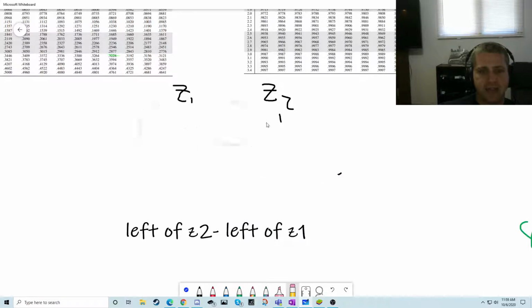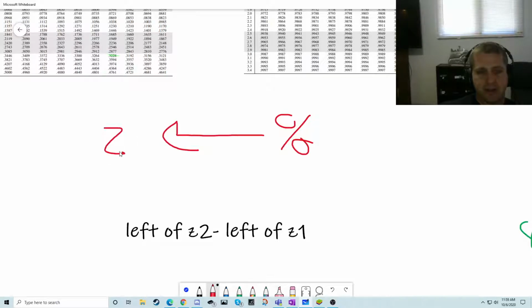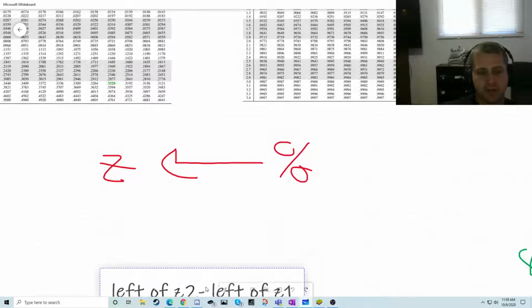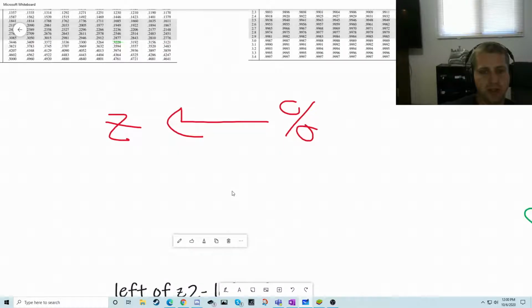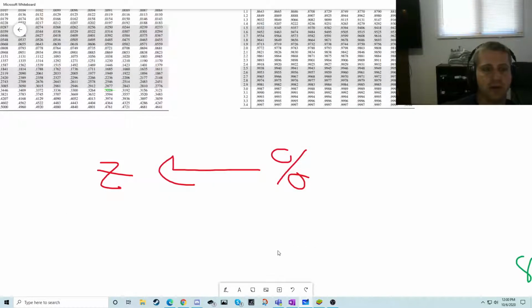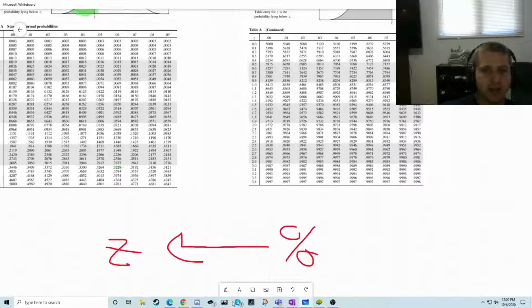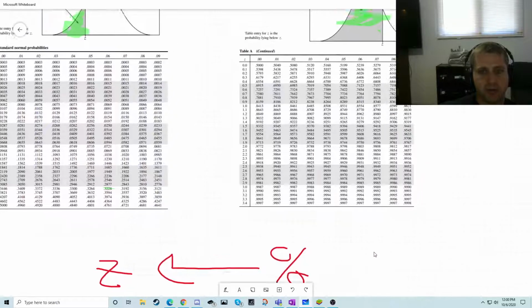And then the last thing I'm going to show you is if you start with a percent and you're going back to a z-score. This happens sometimes if you want to know what percentile, what score you need to be in the top 10%, or what score you need to be at the 87th percentile. This could work for those types of problems.